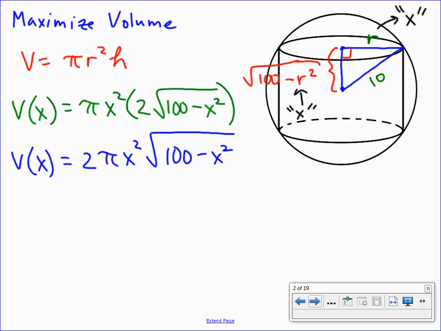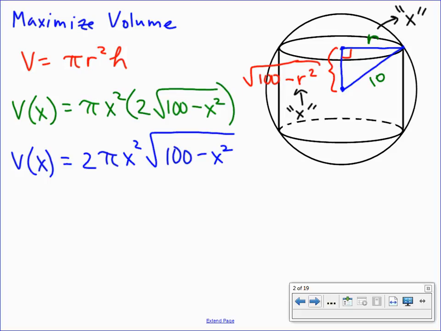Do I have a closed interval? Can I consider the domain of my function now that I've written it in terms of one variable? Well, kind of. I mean, 0 for my radius would obviously produce a right circular cylinder of 0 volume, right? And then if I let my radius continue to increase, it would clearly be bounded by the edge of the sphere.